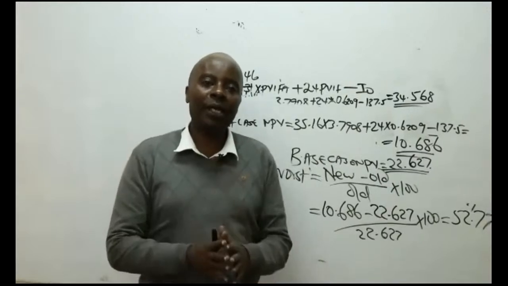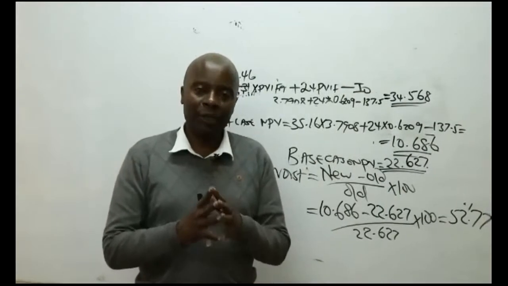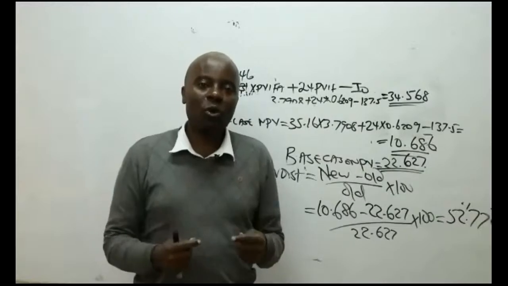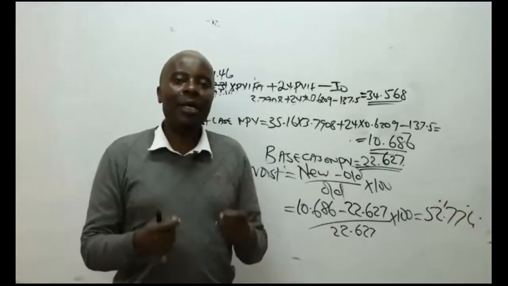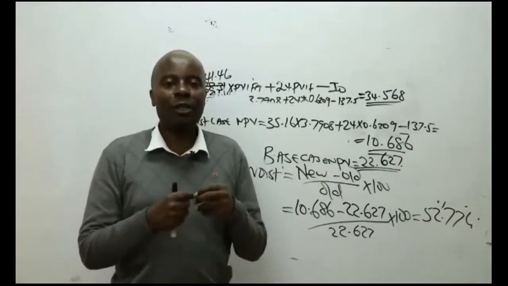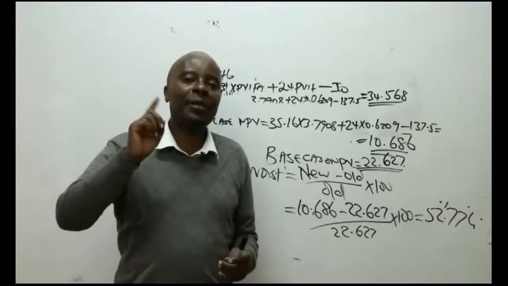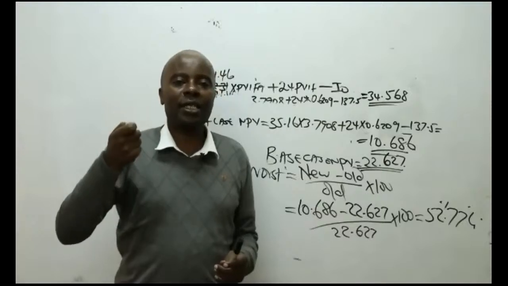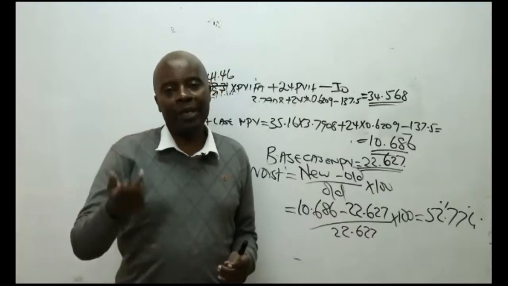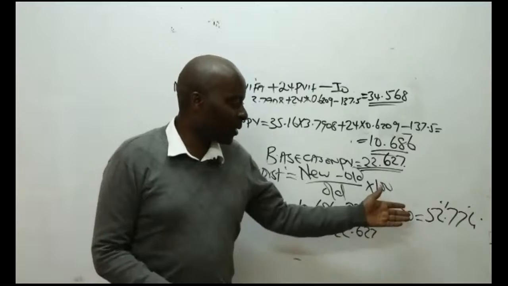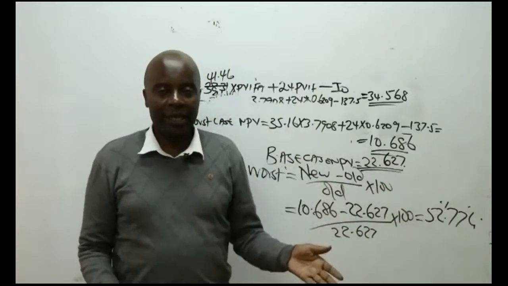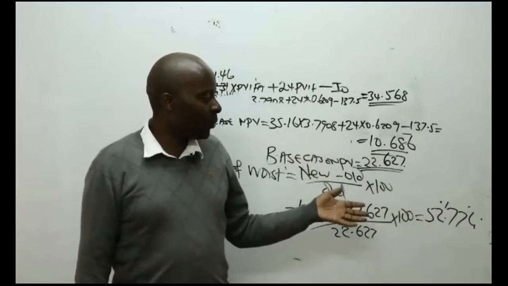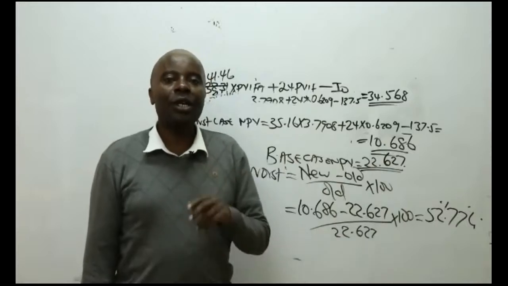Ladies and gentlemen, don't forget that very important concept, that we only talk of our project being very risky whenever the percentage of worst exceeds the percentage of best. If, for example, the worst percentage here was like 80, and the percentage of best, for example, is 60, then I would have had a reason to worry.